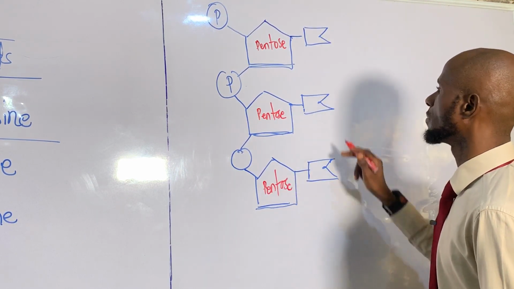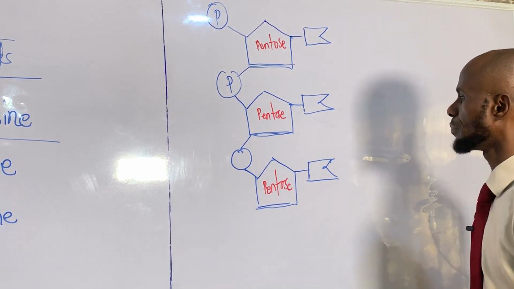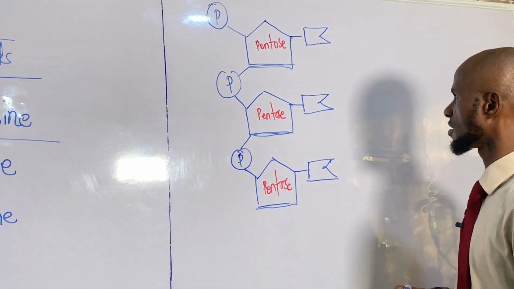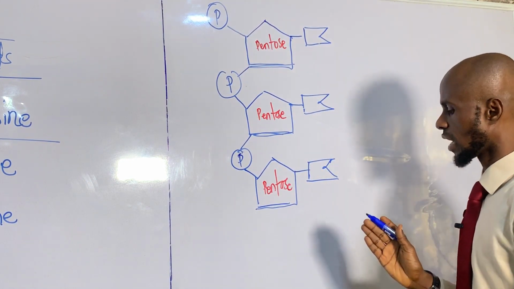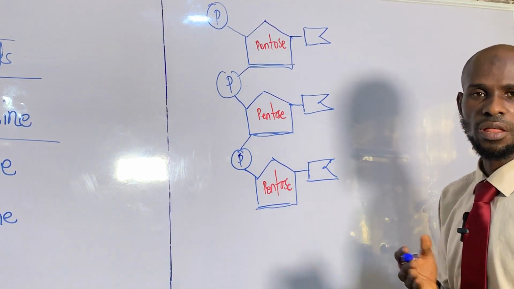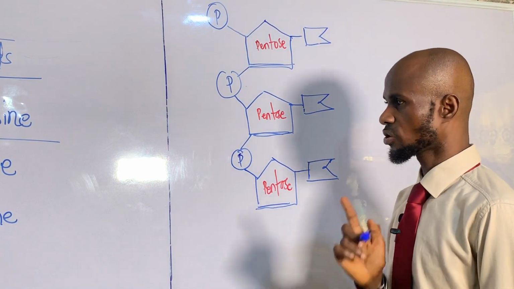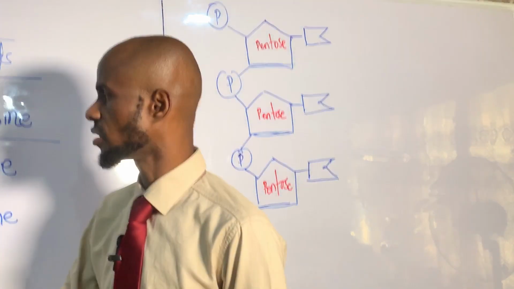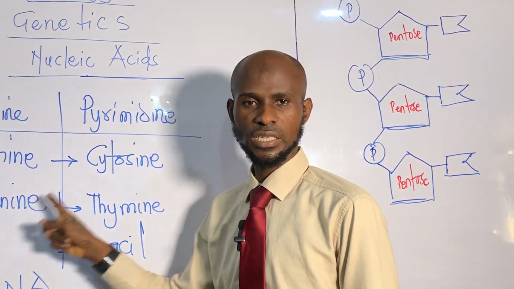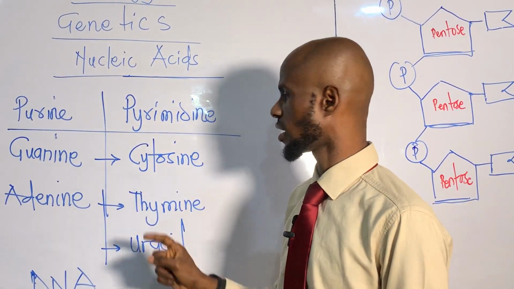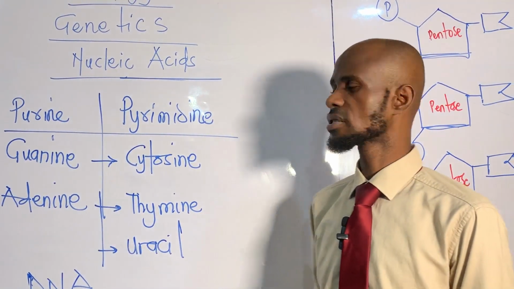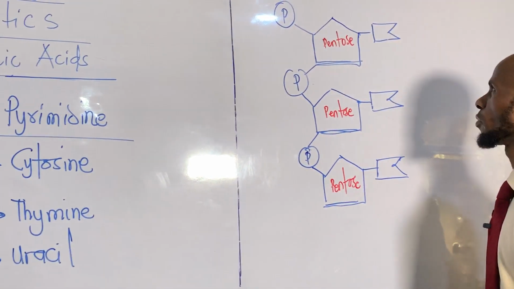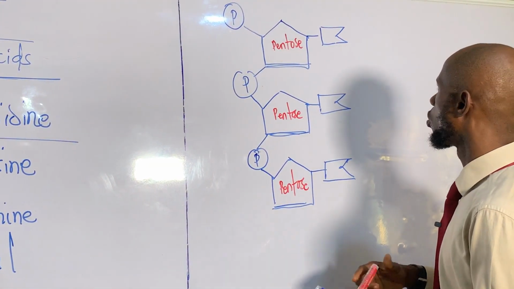So I need to assign base to my nitrogenous bases. And I assign bases using the letter. So I told you in the last class that the guanine is letter G, the adenine is letter A, cytosine is letter C, thymine is letter T, and uracil is letter U. So I'm going to be starting with guanine.